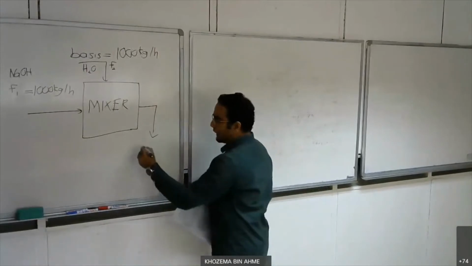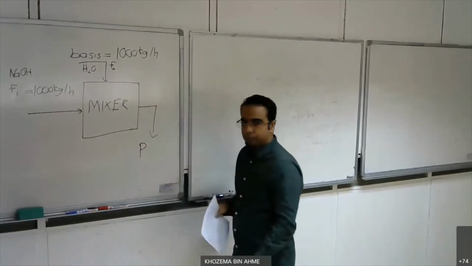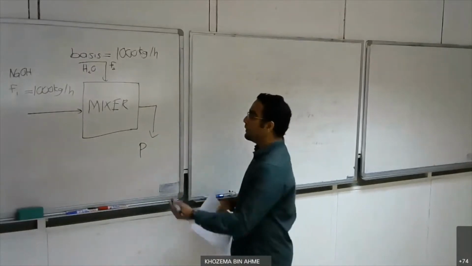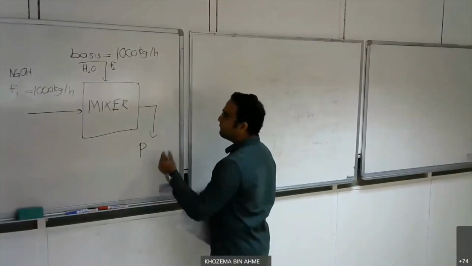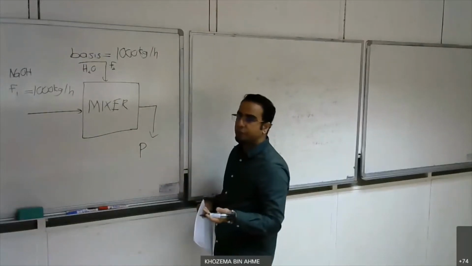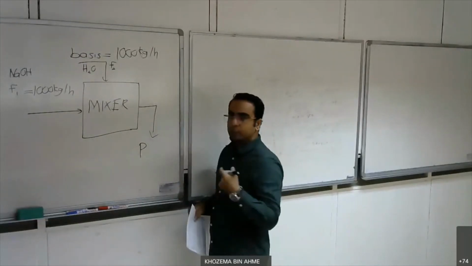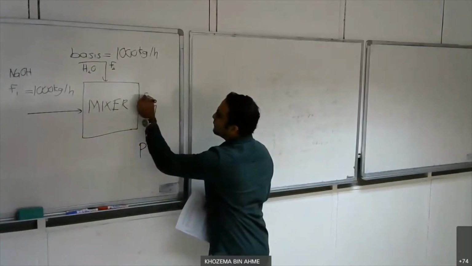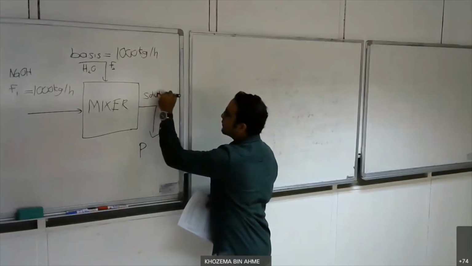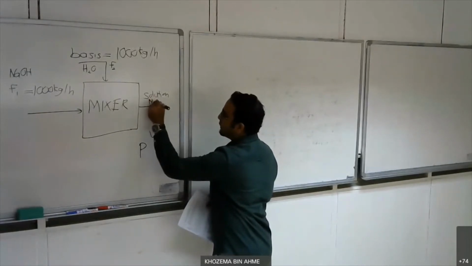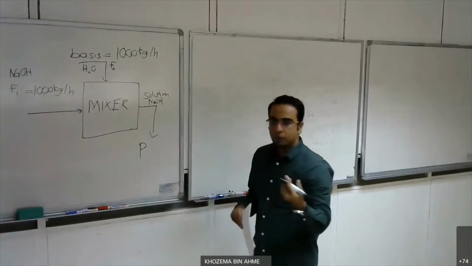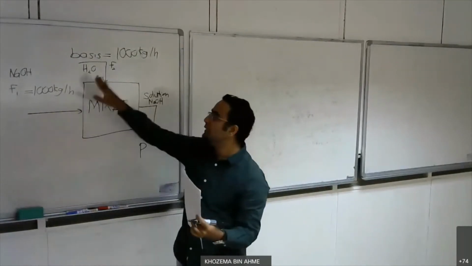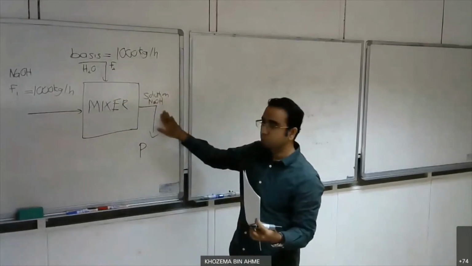And then coming out, it's a solution of NaOH, meaning that I can put here P as a product, or you can put any other symbol, it's up to you. And I know here I have a solution of NaOH, meaning that I have water and NaOH in my product stream. So I can say here solution NaOH. Okay, I'm labeling the stream, so I know that this is for NaOH, this is for water, and this is for solution NaOH.